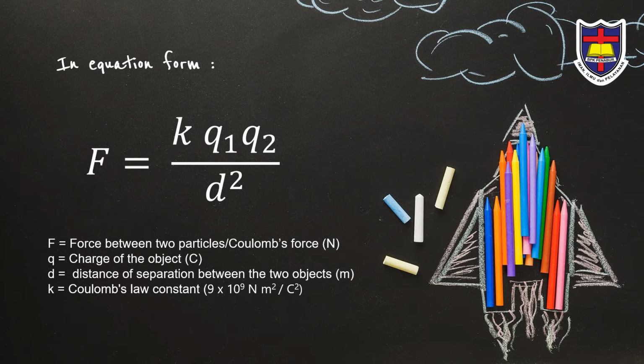The unit is meters. And K is the Coulomb's Law constant. Coulomb's Law constant is approximately 9 times 10 to the power of 9, and the unit is Newton meter squared over Coulomb squared.